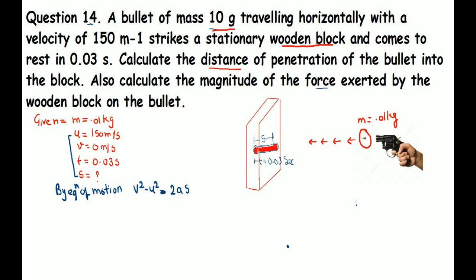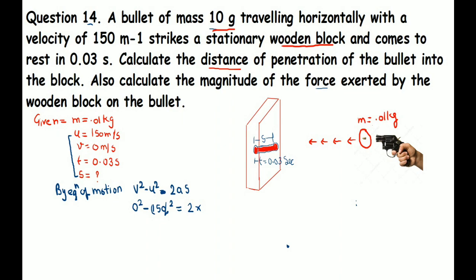But here acceleration is not given as well. So what we will do is place the values. V, the final velocity, as the bullet was at rest after penetrating the wooden block, will be 0. Initial velocity is the velocity by which it was moving, that is 150, whole square 2.